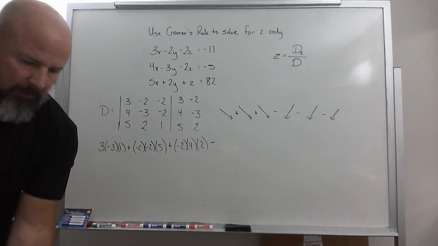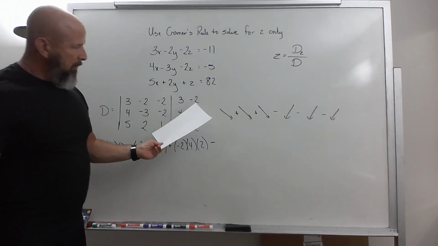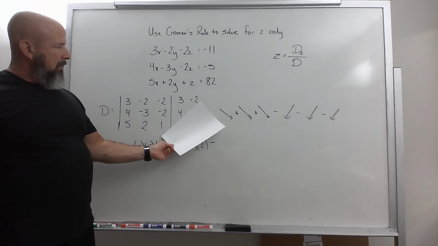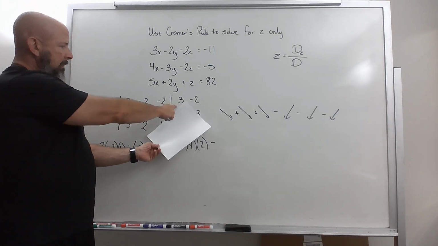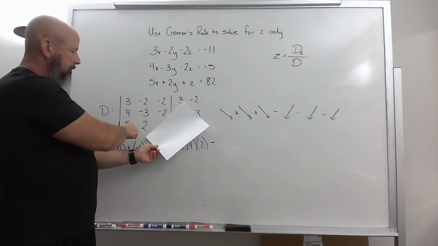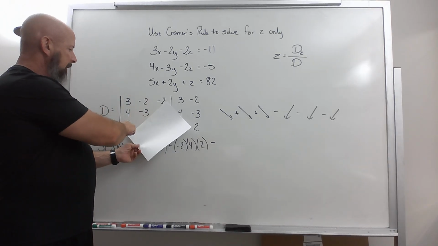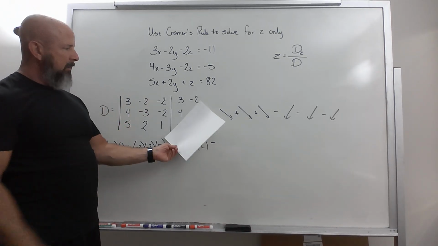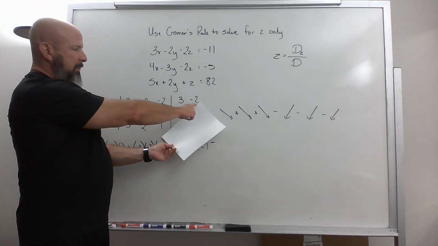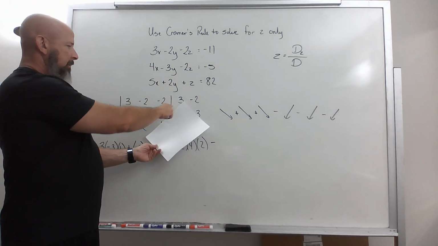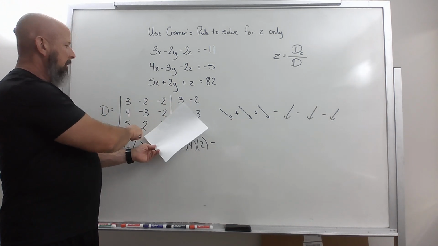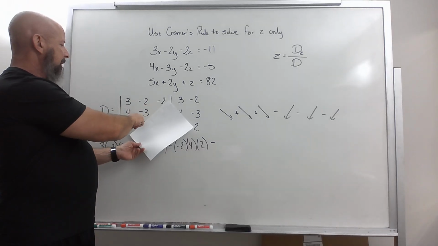Okay, so first thing I'm going to do, we'll start with this right side. There's that negative 2, 4, 1. Then 3, negative 2, 2. Then negative 2, negative 3, 5. So again, start with that top right. Negative 2, 4, 1. Then 3, negative 2, 2. And then negative 2, negative 3, 5.